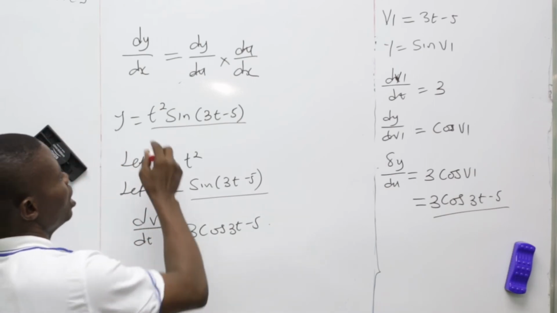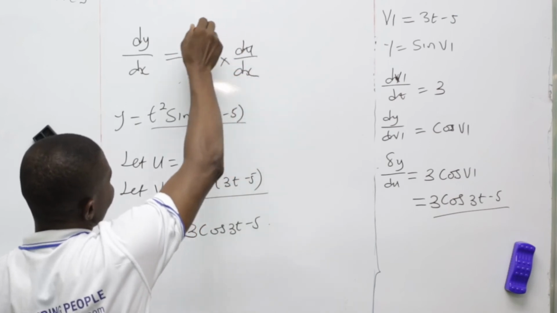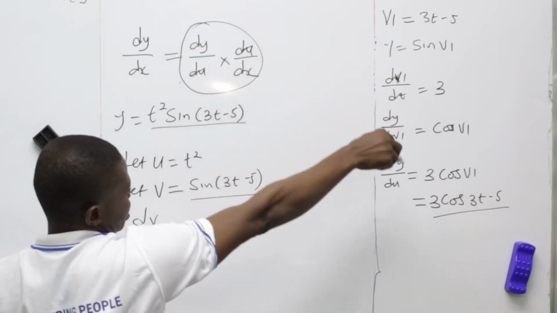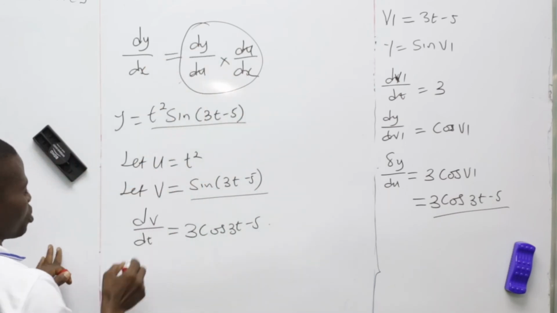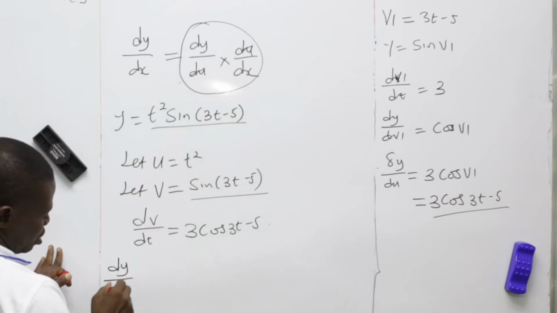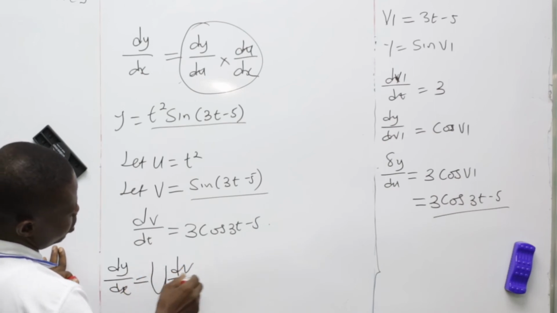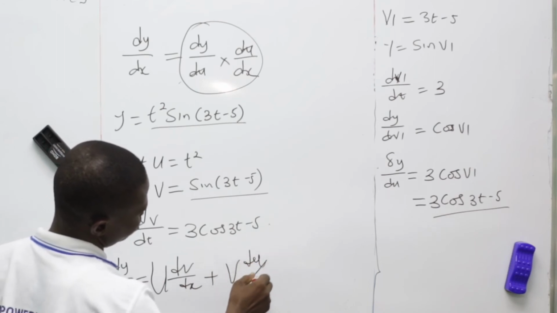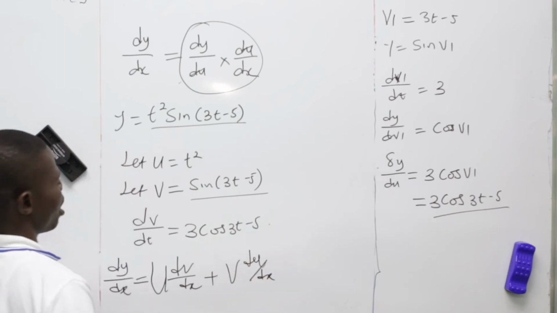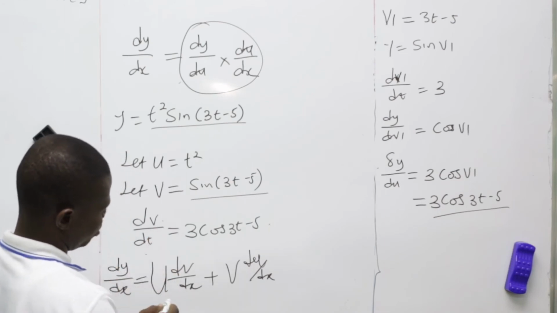Okay. Now we are not using only the chain rule. We have made use of chain rule where necessary. Come back to the product rule, which says dy/dt equals u dv/dt plus v du/dt. Now we already have dv/dt.